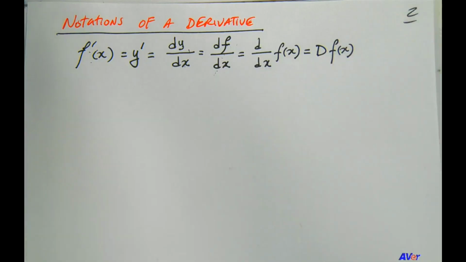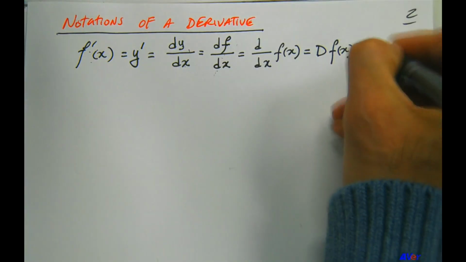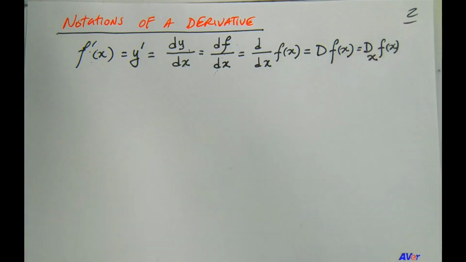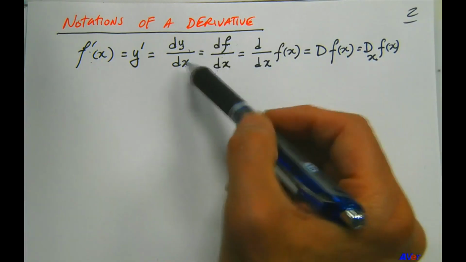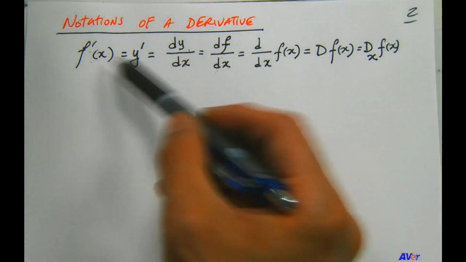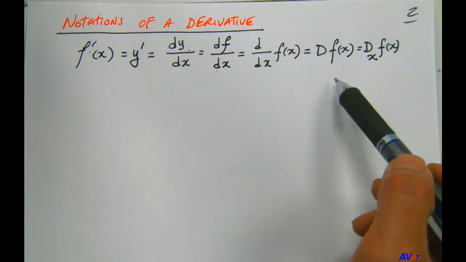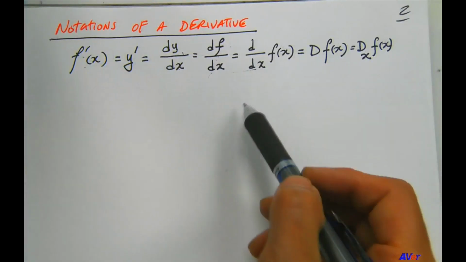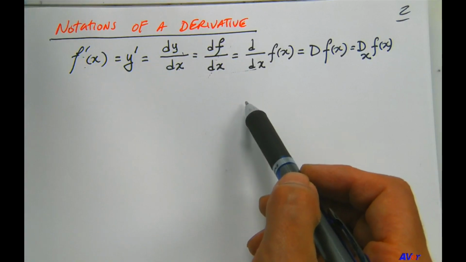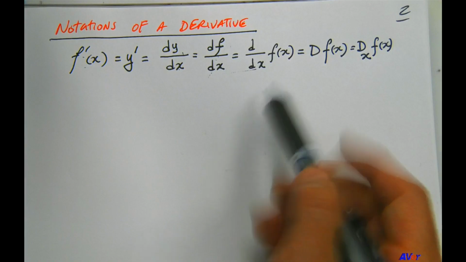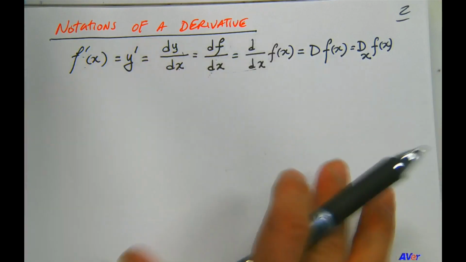And lastly, we can have the derivative with respect to x of f of x. So different individuals in the history of mathematics have used different notations on this list. But here we're looking at notations that were used by different famous mathematicians throughout the history of calculus, of course.